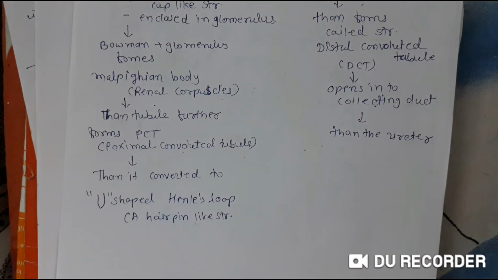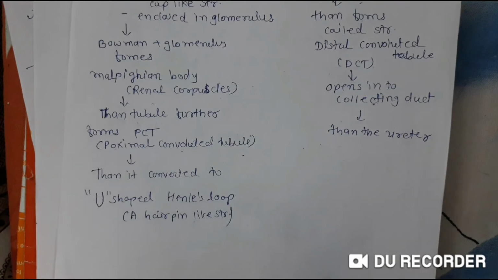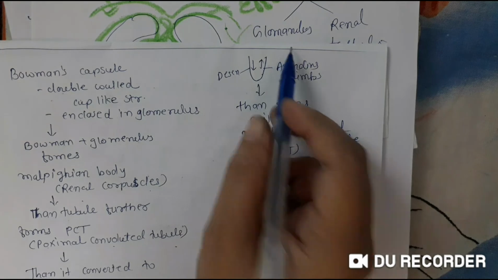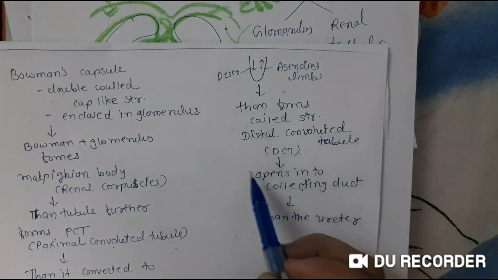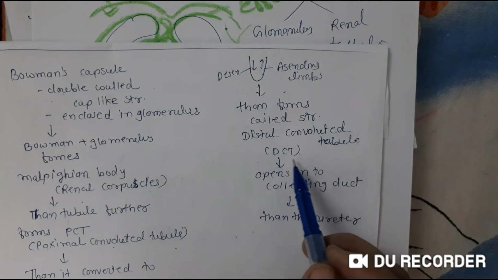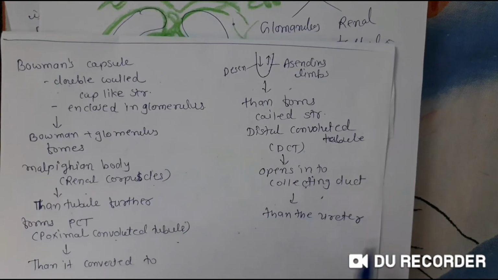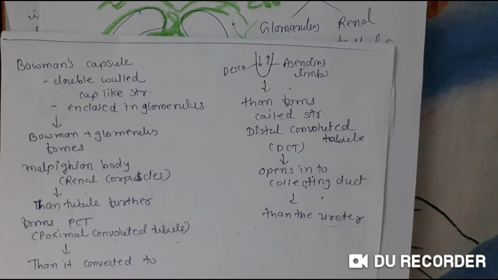And then the U-shaped hairpin-like structure, that's the loop of Henle. It has 2 parts, the descending part and the ascending part. Then it converts to the highly coiled distal convoluted tubule. Then it opens into the collecting duct, and then it converts to the ureter. Clear? So this is the diagram of the textbook.